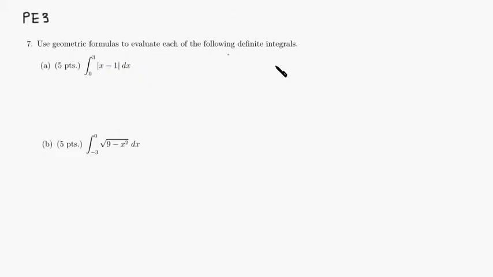Let's sketch the picture. y equals absolute value of x minus 1. But we know how to sketch the graph of absolute value of x, so that's a V-shaped graph. Let's start with that.